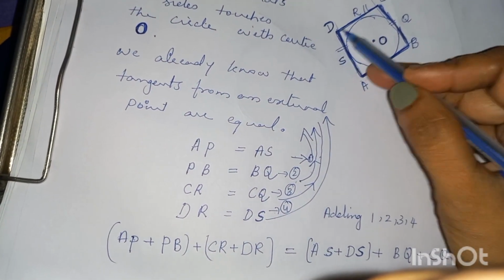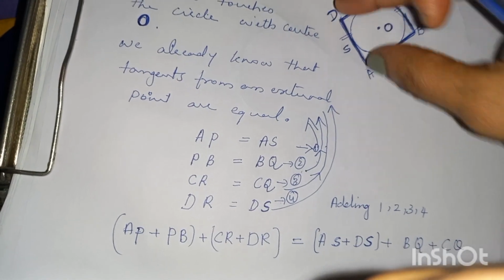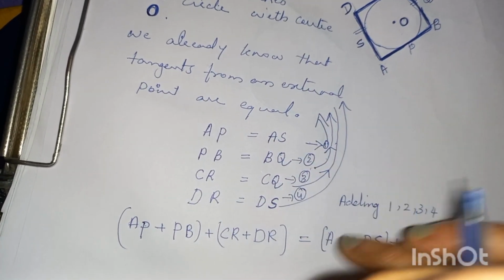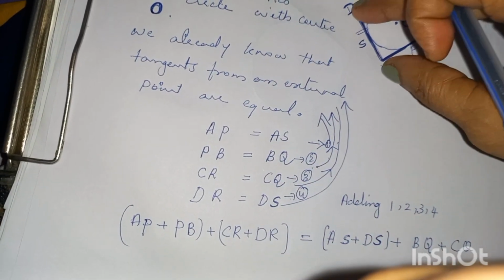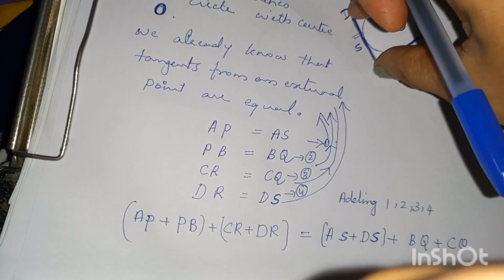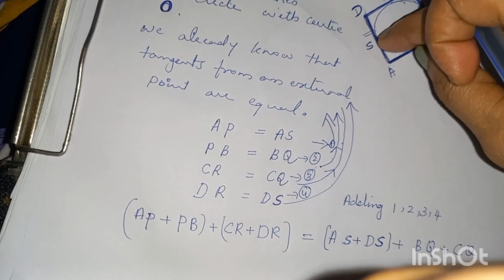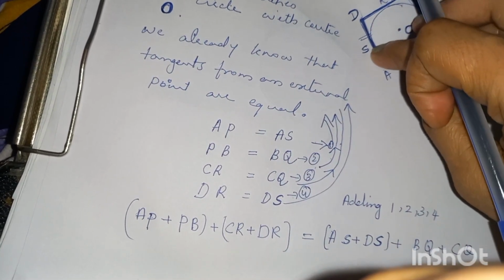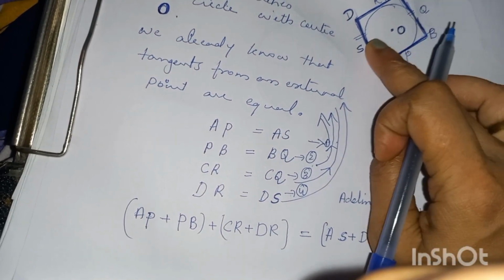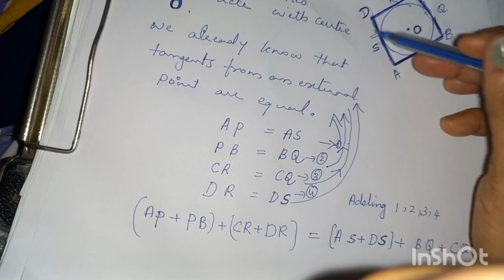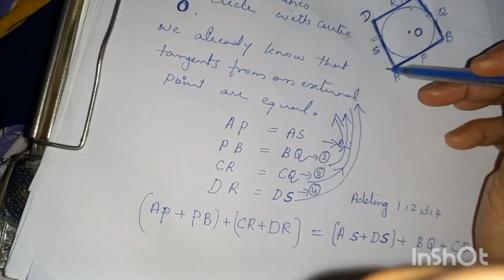We regroup AS and DS, and if you take AS and DS, we get AD. You have to check like that.